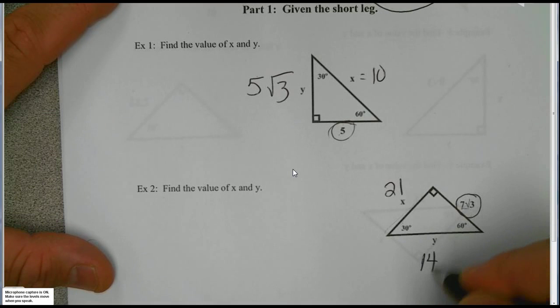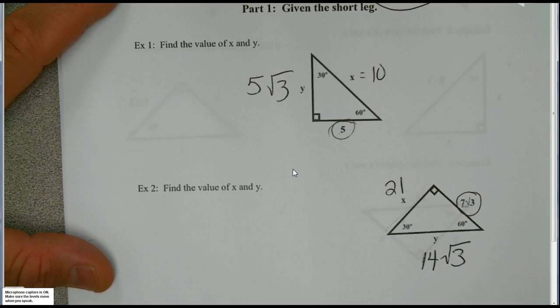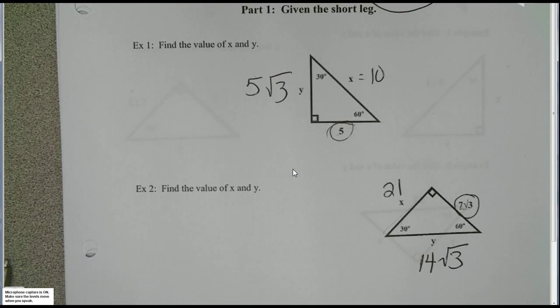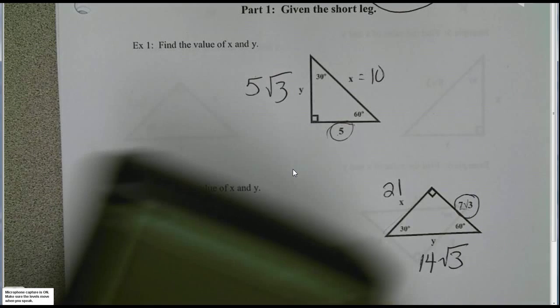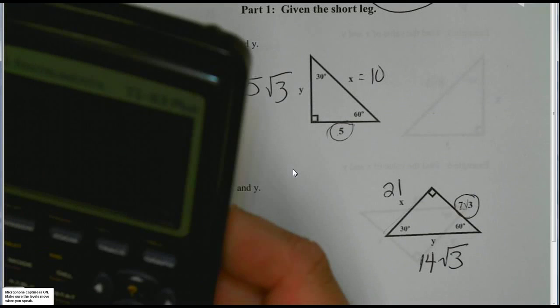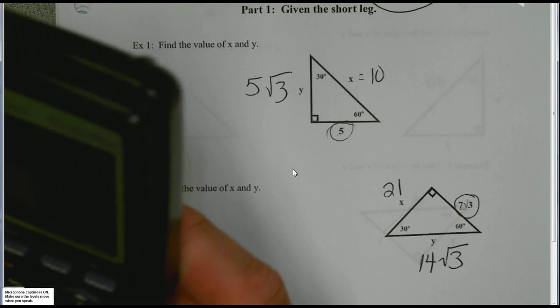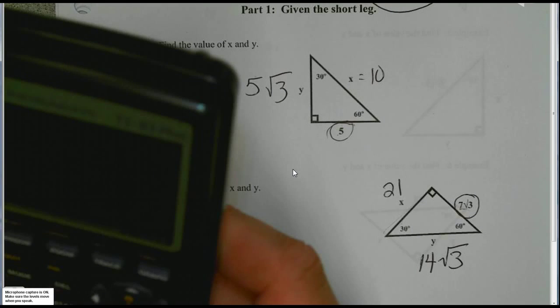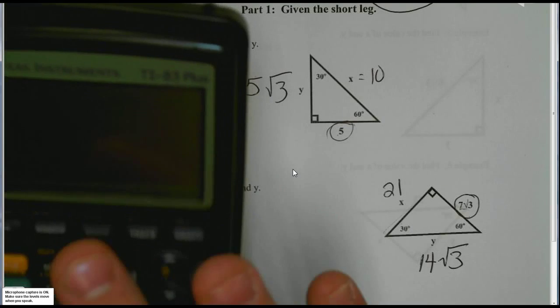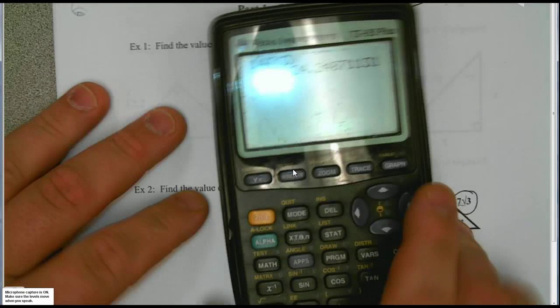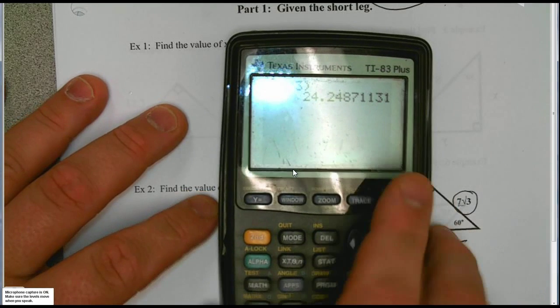Well, it's 14 times the square root of 3. And we can use our calculator to check and make sure that that's longer than 21, because that's what we want. 14 times the square root of 3 is 24.24. So we're good.